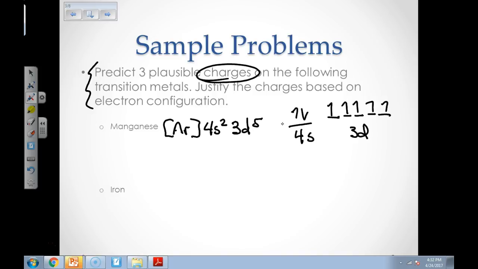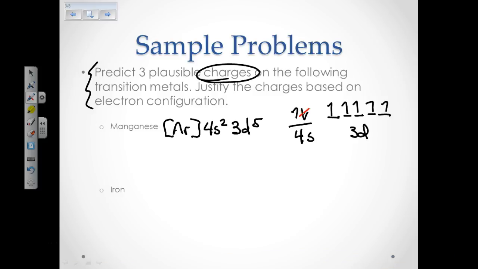But what does that give us? This gives us a filled orbital, fine, stable, but then this one here only has 4 electrons. It's not half filled. It doesn't have 5 electrons in it. So, not orbital, but subshell. Instead of losing one from the D's, we're going to lose one from the S's.